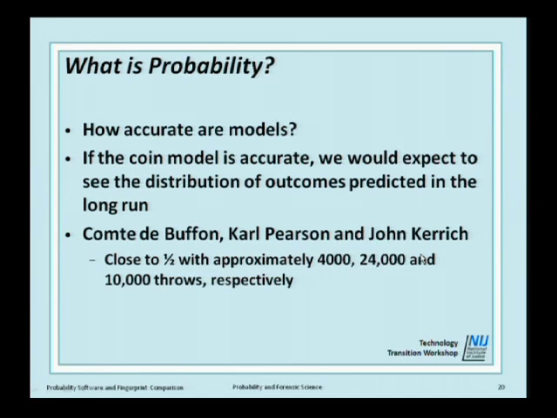So with a coin, we're quite lucky because we have 3 rather sad individuals who spent their time tossing coins. All of them are mathematicians. Comte de Buffon, well, I normally say he was French, but I probably didn't want to say that. He was French, which probably does explain why he tossed this coin 4,000 times. And he got very close to 1 in 2.